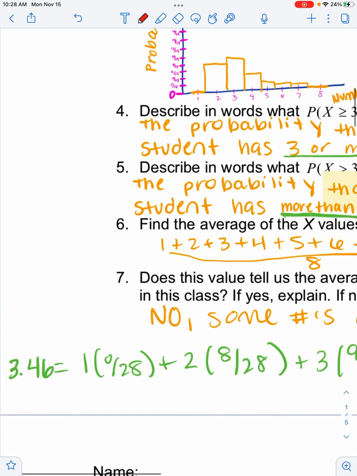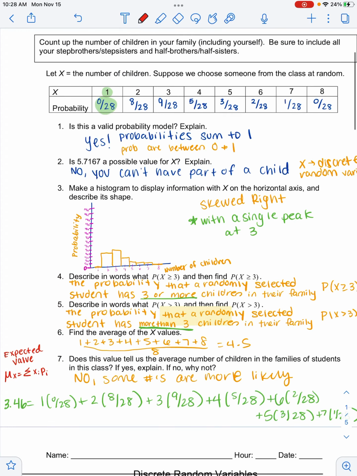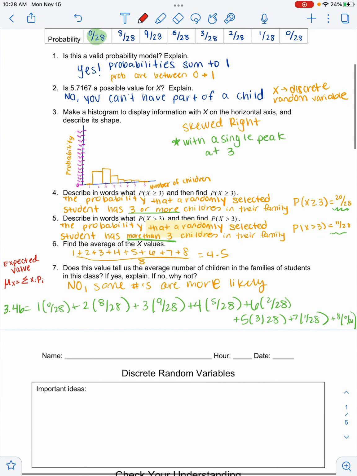Now to write this as a formula, the mean of x is equal to the summation of xi times pi. And this is the mean, but it also has a new name now in probability, and that is that this tells us the expected value.